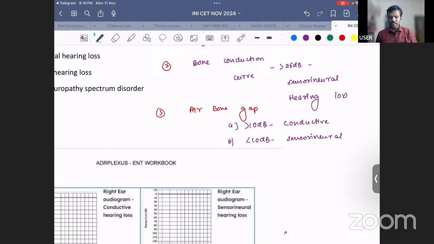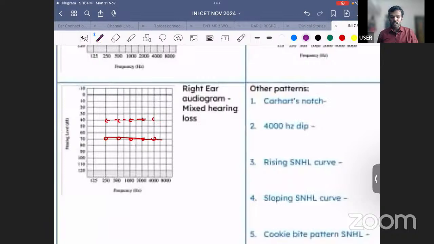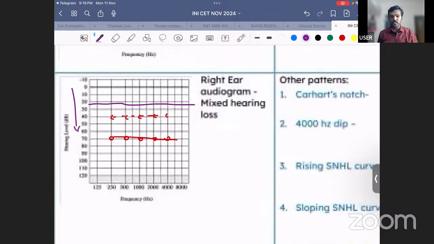So when we apply these 3 thumb rules to the picture given in the exam, see here, this is the 25 decibel curve, and every curve is more than this. The first thumb rule, any curve more than 25 decibel, hearing loss is present, is satisfied.